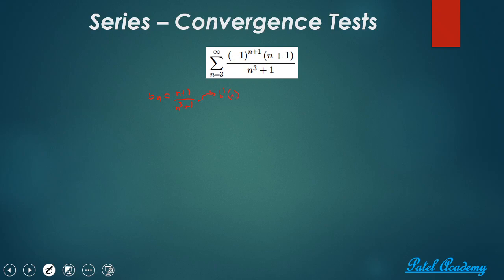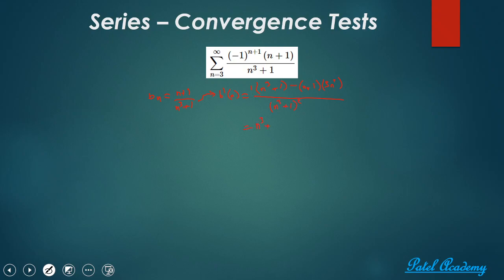So b'(n) is equal to, now remember we're using the quotient rule, so we take the derivative of the first function, which is 1, times n^3+1, minus n+1 times 3n^2, over (n^3+1)^2.